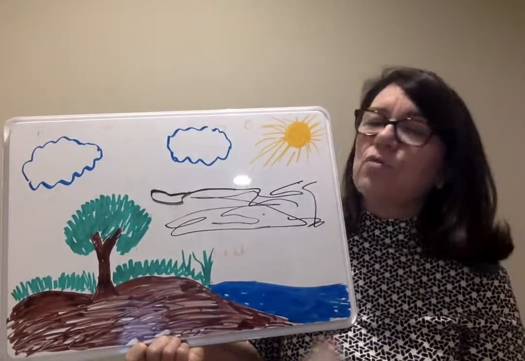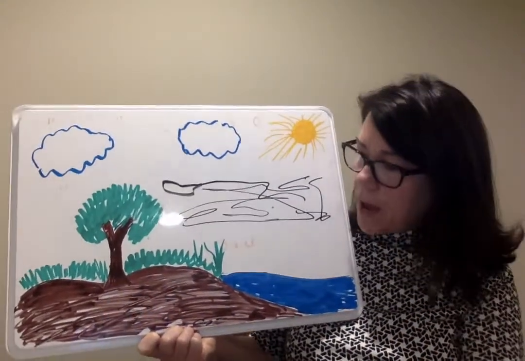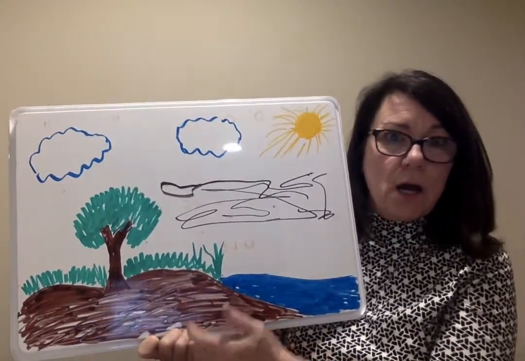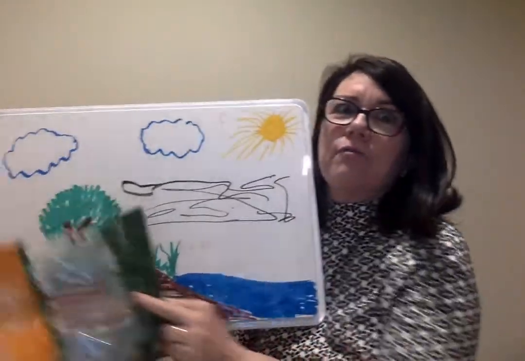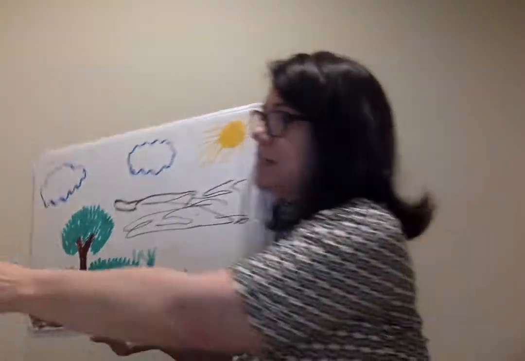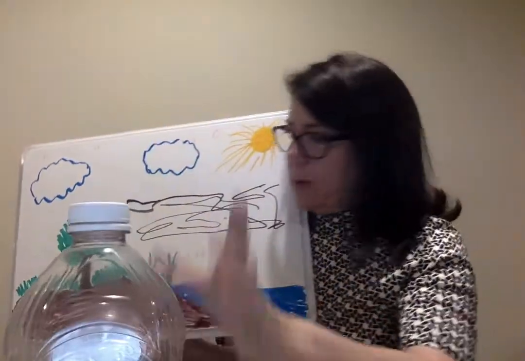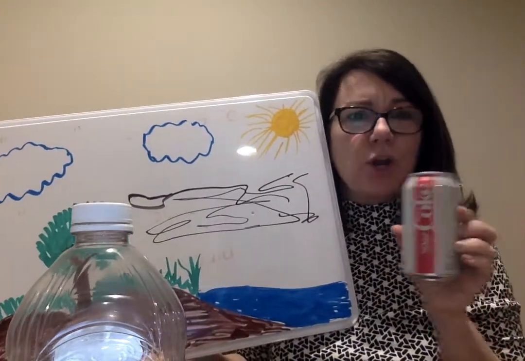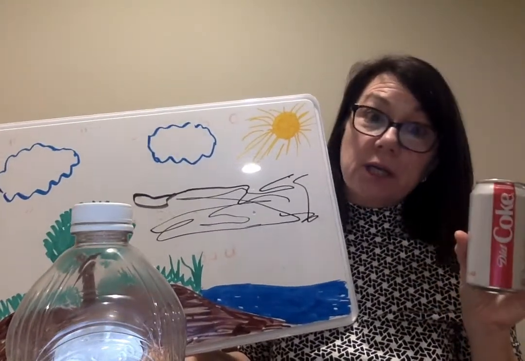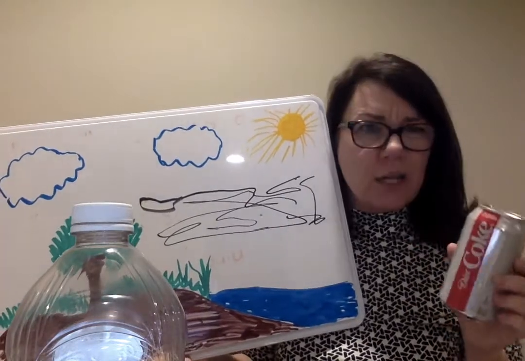All right, now we're going to move on and talk a little bit about our land and how we pollute the land. The biggest cause of land pollution is this stuff. Anybody know what this is? It's basically trash. And if I were to throw this trash out of my car window, I would be littering.